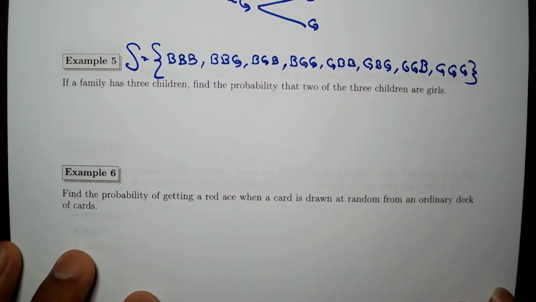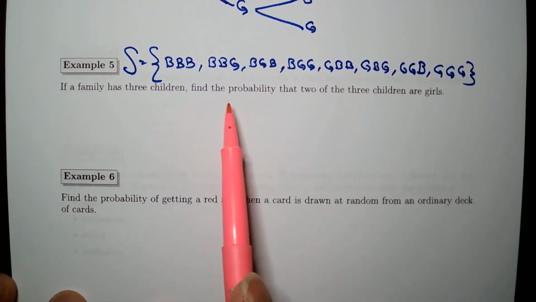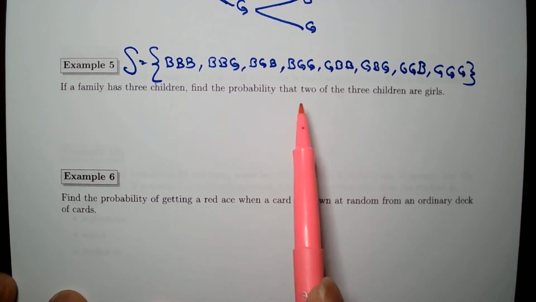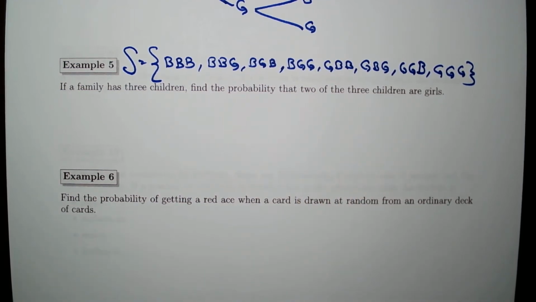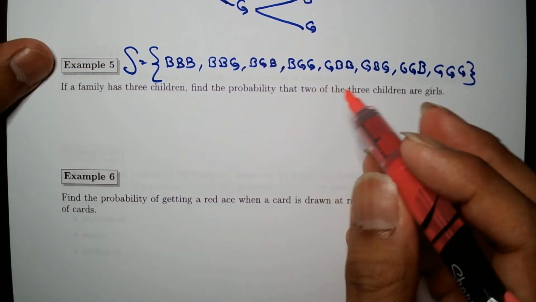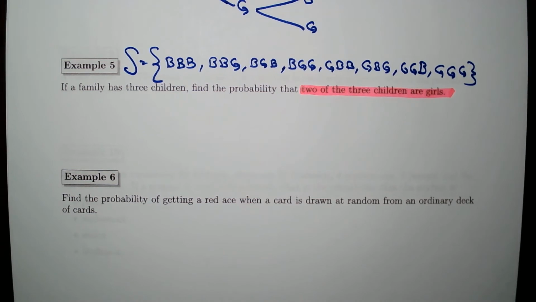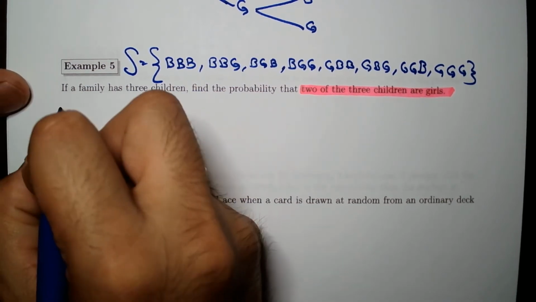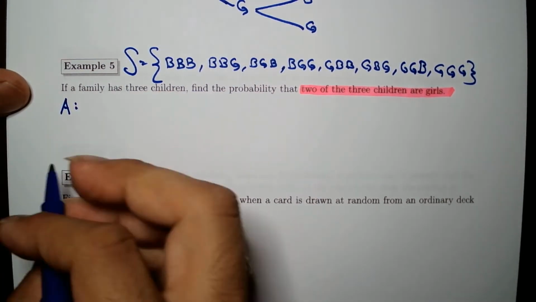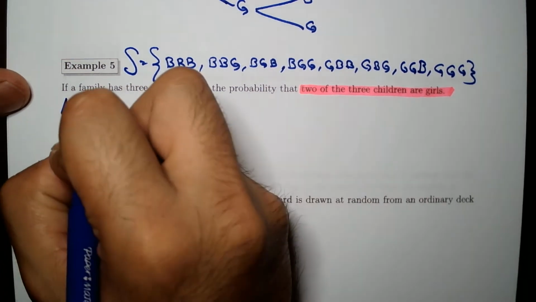All right, if a family has 3 children, find the probability that 2 of the 3 children are girls. Okay, so how do we find probabilities? Number 1, what is the actual event? The probability that 2 of the 3 children are girls. So let's define event A: 2 girls, right?